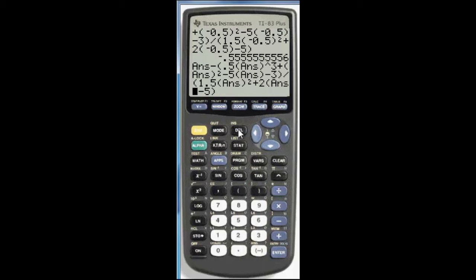And again, it's important that you get rid of all that extra stuff. And don't replace anything else either. Just replace the negative 0.5s.